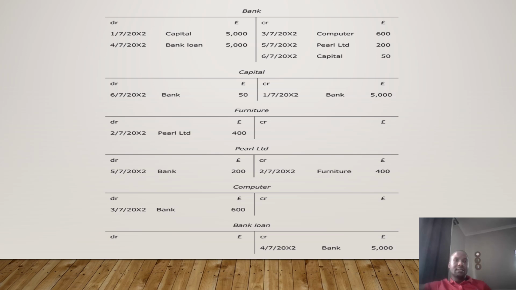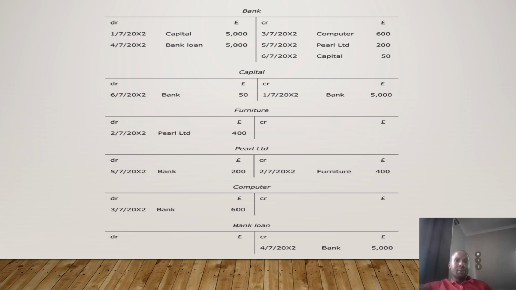The first one is the bank account, which has 2 debit entries and 3 credit entries. Then we have a capital account, which has a single debit entry and a single credit entry. And then we have furniture account, which has just 1 debit entry, no credit entry.